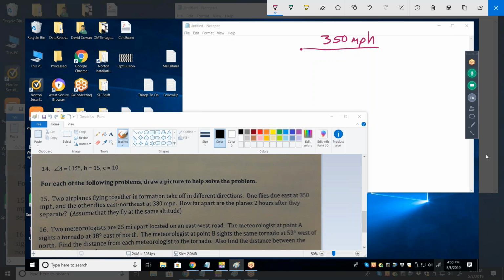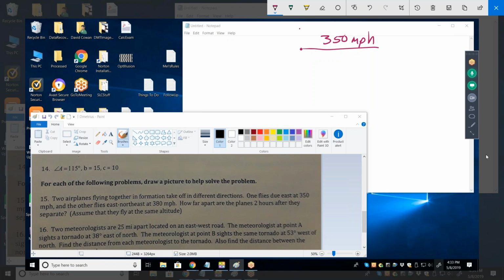Which way is that? That's diagonally right up. So how many degrees is it, from the angle that we're looking at?